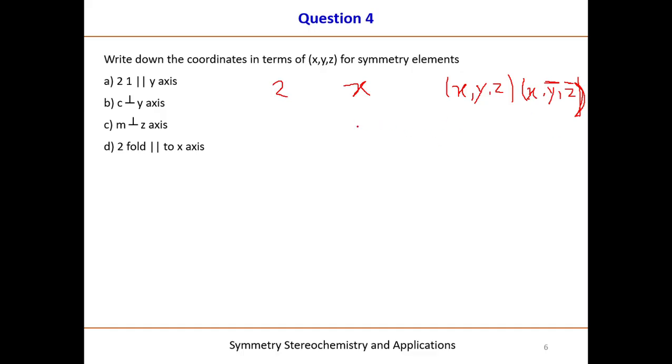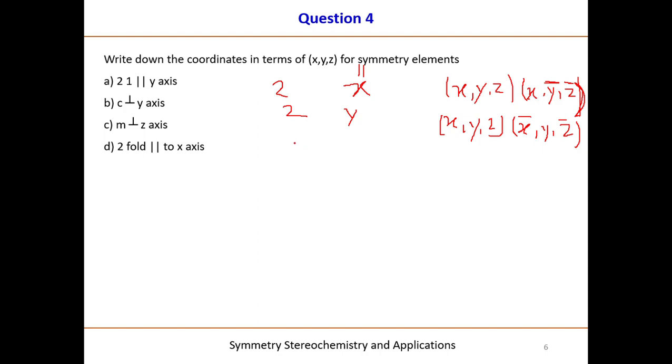While for a two-fold axis parallel to the y axis, how will we write the xyz equivalents? x bar, y and z bar, correct?